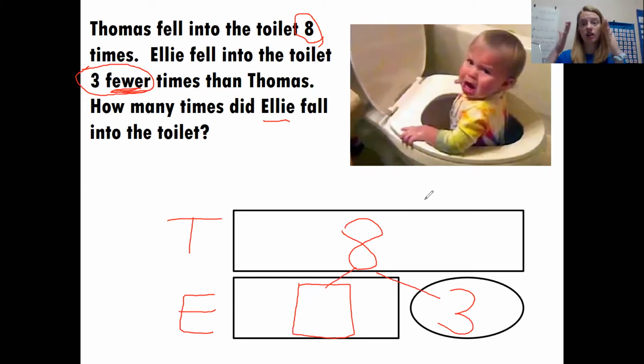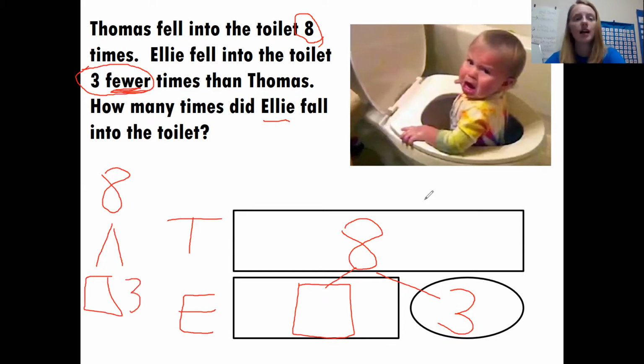So now I turn it into my number bond. So I've got 8 on top. And then I've got the number of times that Ellie fell into the toilet plus the 3 times. Can we figure this out? Well, I could take 8, which is our whole, it's our big number, right?